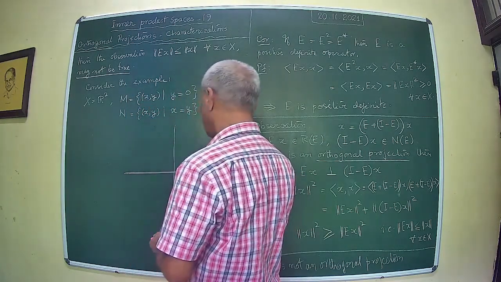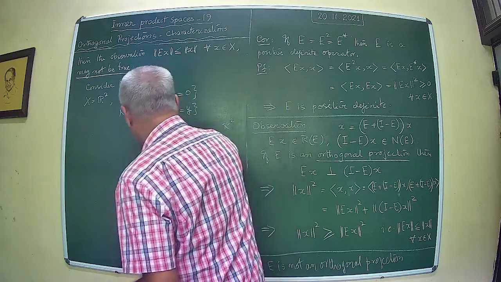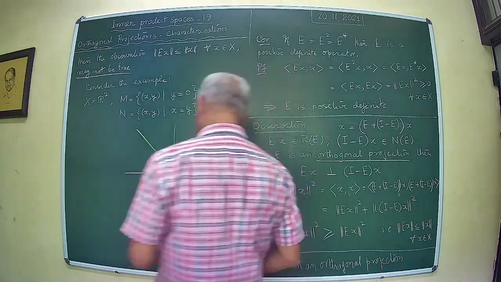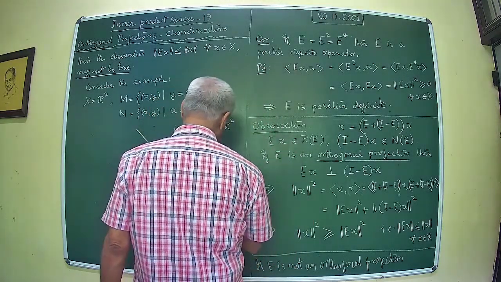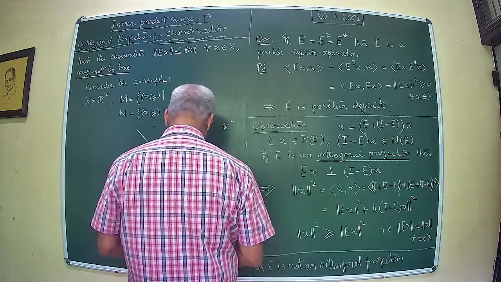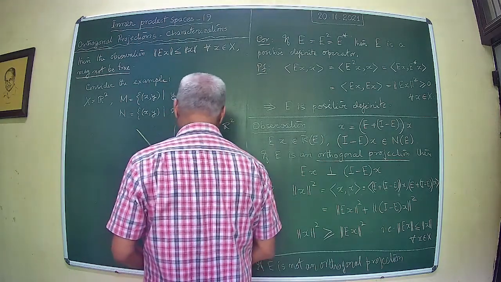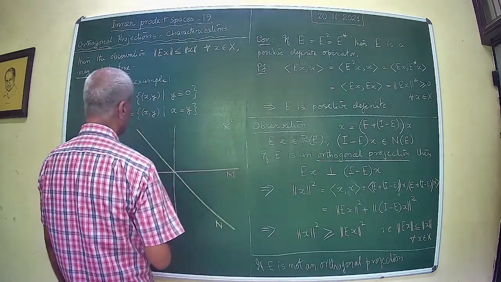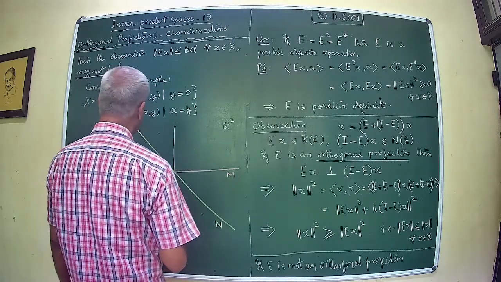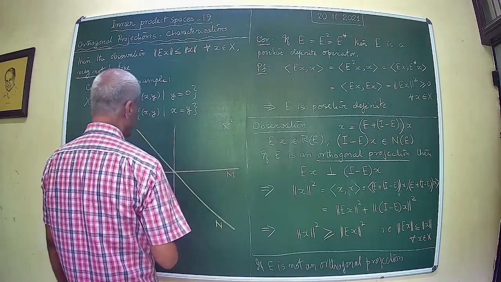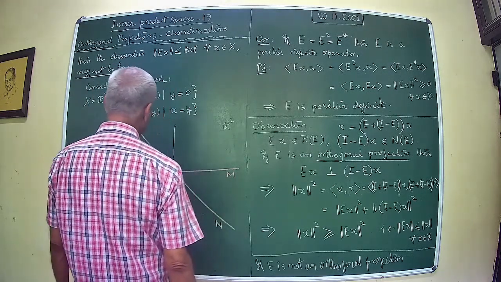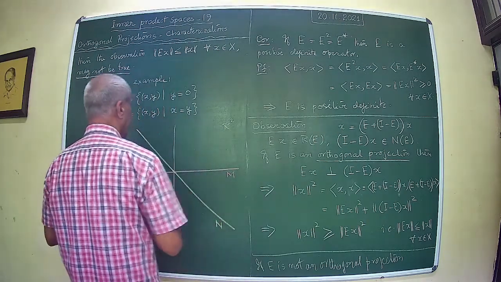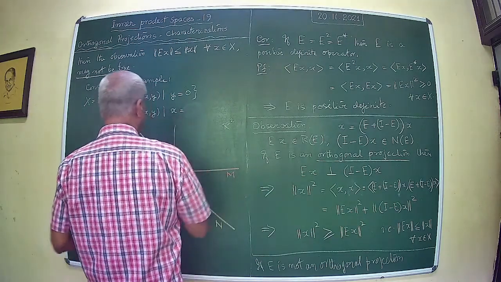This is your M. And N is this line, x plus y equal to 0. I take N as x equal to minus y.